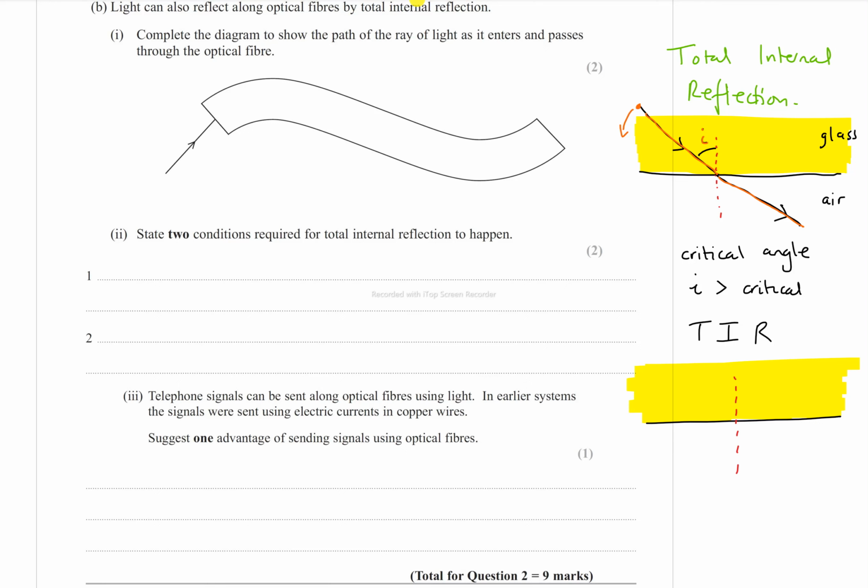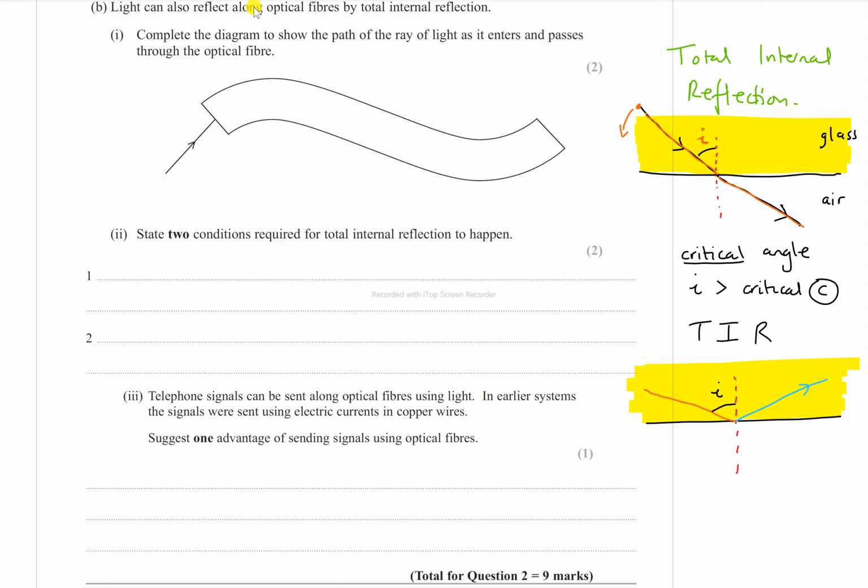Right, so let's do that again. This time, this angle of incidence, I'm going to make it bigger. So the ray is coming at a bigger angle. This now is the angle of incidence, and it's greater than the critical angle, we'll just call it C. So this ray is going to bounce off.